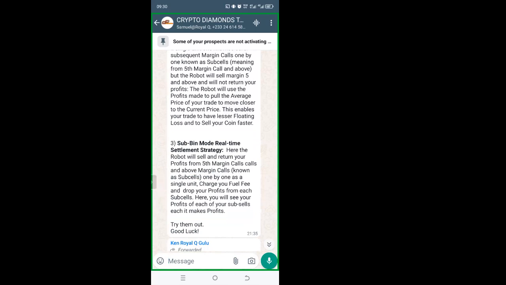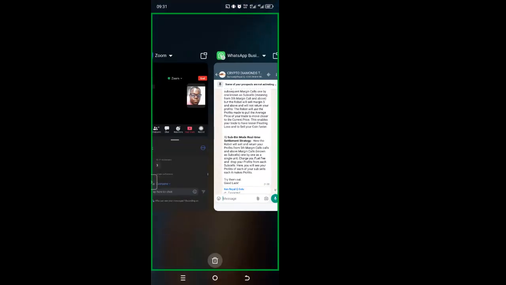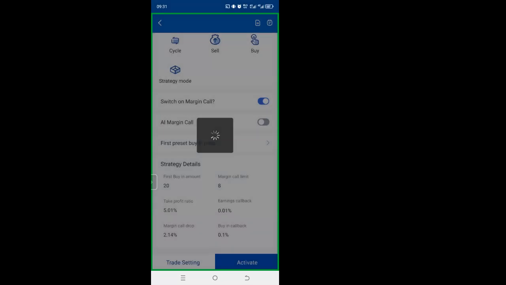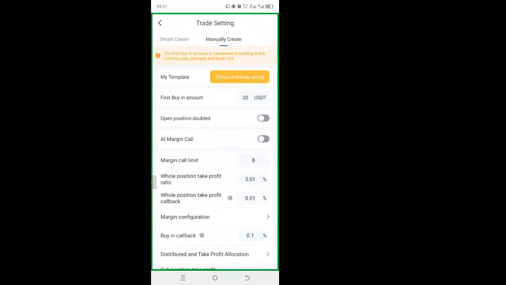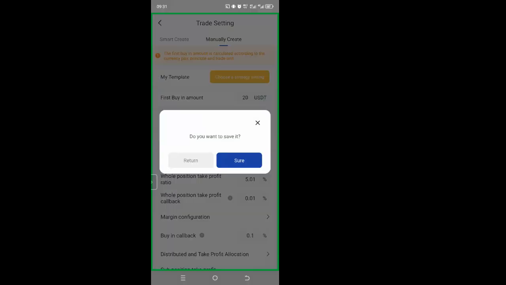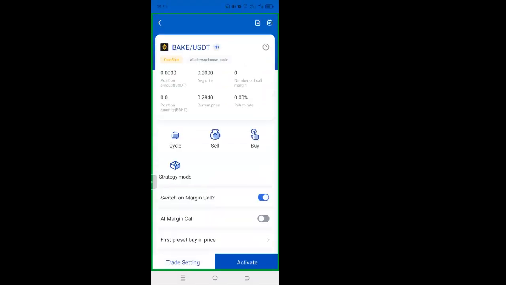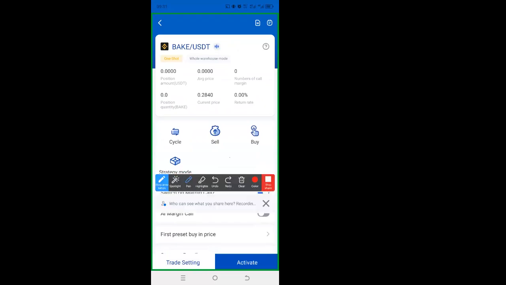Now, let's go. The robot will use the profit made to pull the average price of your trade to move closer to the current price. You get that? The robot will not deliver your profit, but will use your profit to pull your average price near to the current price.